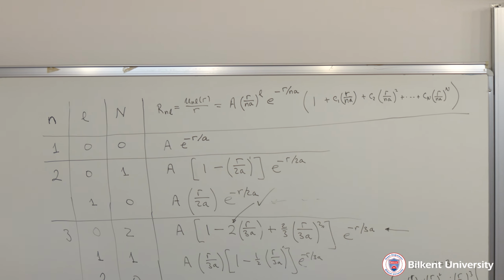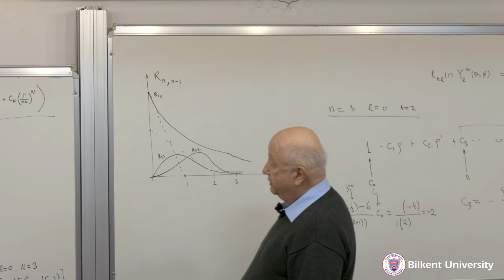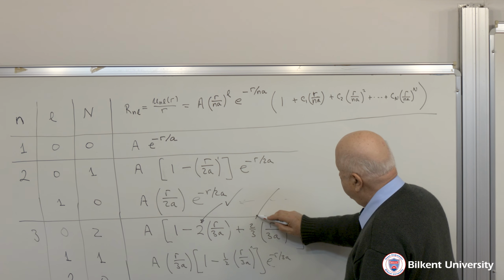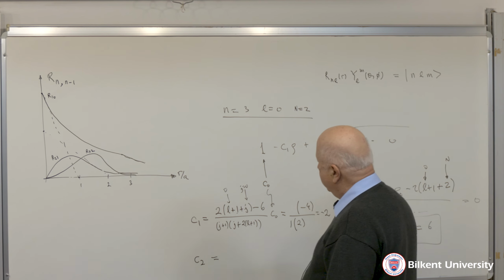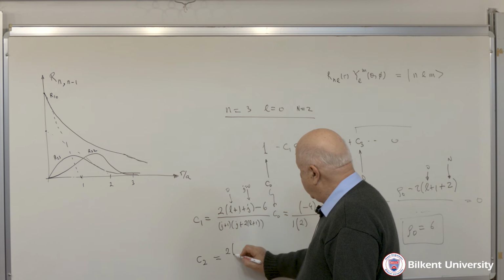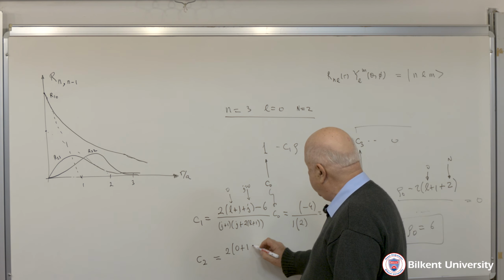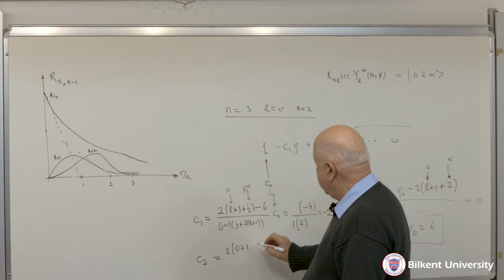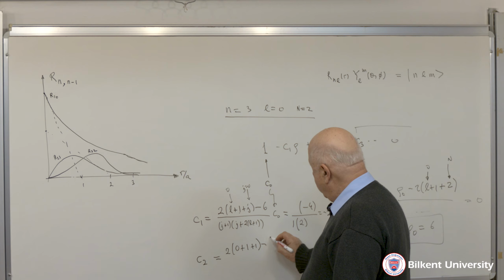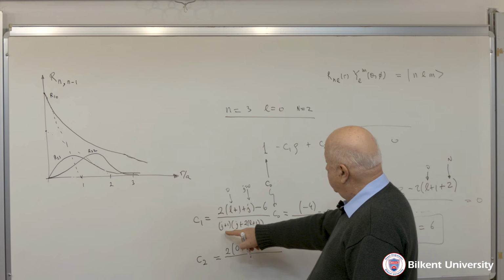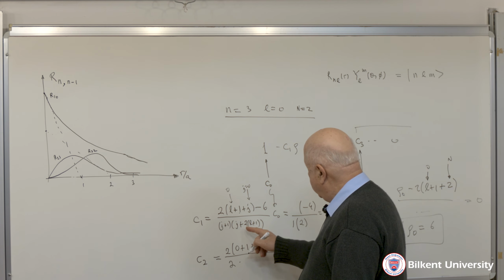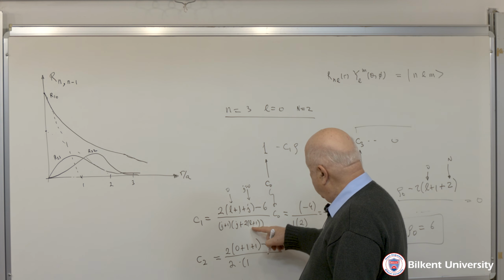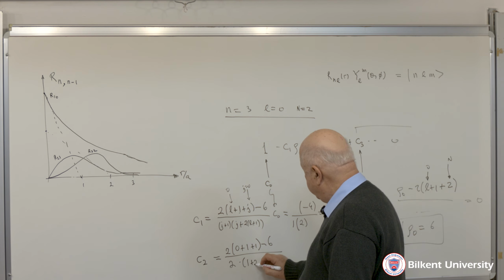Now if I want to find what C2 is, so now I'm after this number here, I have to do this again. So it's going to be equal to 2, L is 0 plus 1, but J is now what? J is 1, minus 6 divided by, J is 1, so it's 2 times 1, plus 2, right?